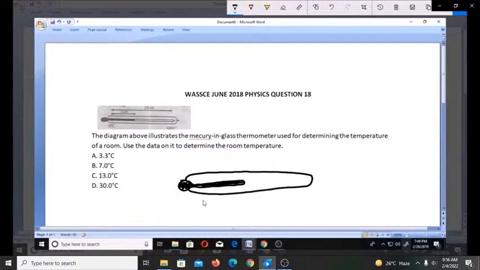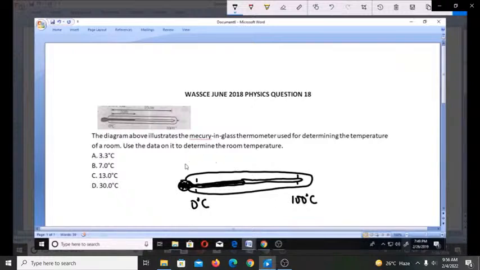Now from the indications, we can see that here we have 0 degrees Celsius, and here we have 100 degrees Celsius.